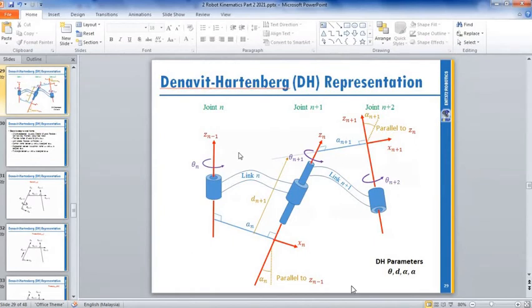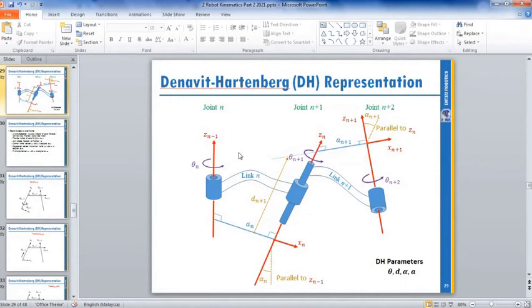Compared to the homogeneous transformation matrix, the speed of your robot will be higher using the DH method because you use a simplified matrix, so your controller uses less time for calculation.